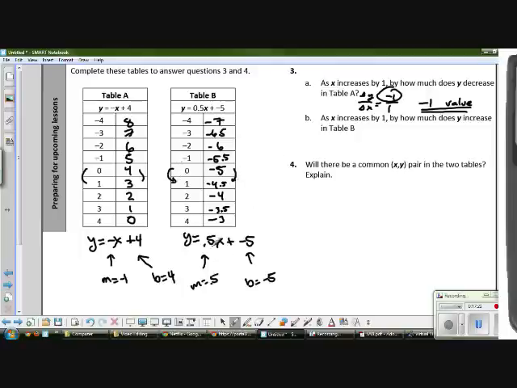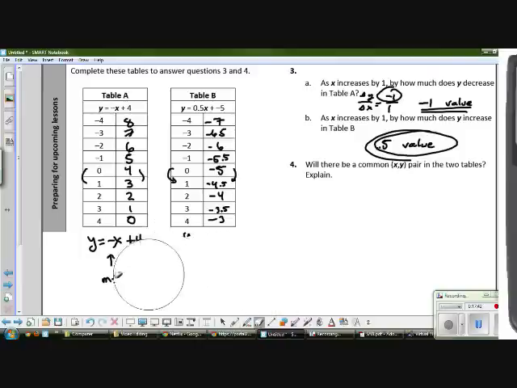Now, this is a pretty interesting question. This is going to be pretty hard to determine. One easy way is to work the table out just a little bit more and see if anything comes even close. So let's continue this. That'd be 5, negative 1, 6, negative 2, 7, negative 3, 8, negative 4.